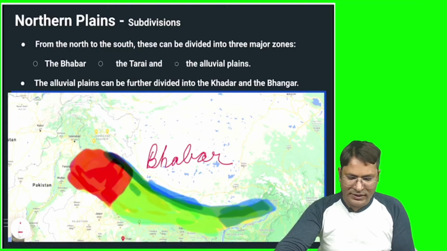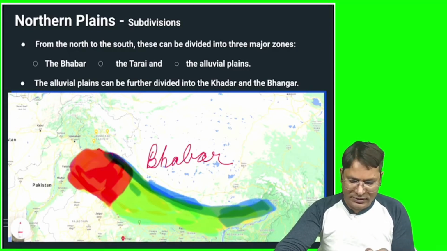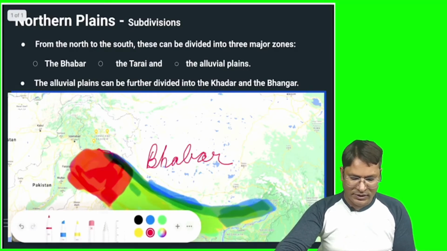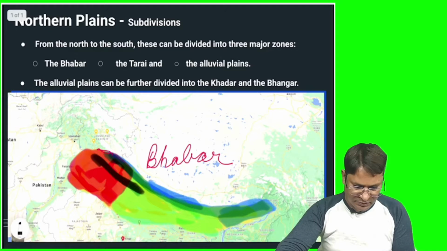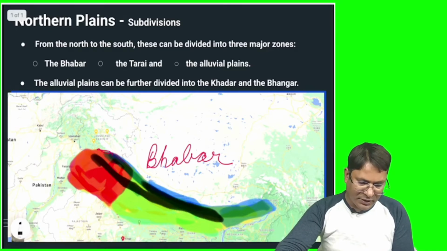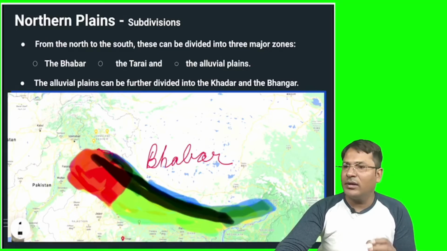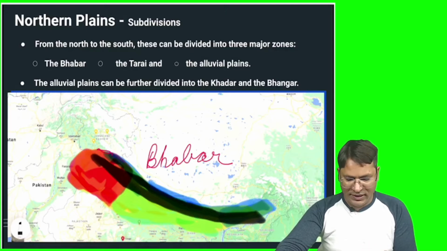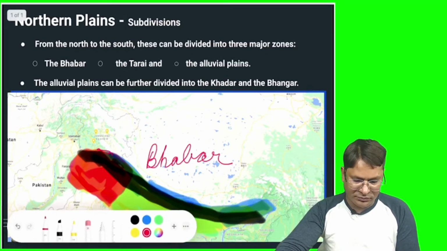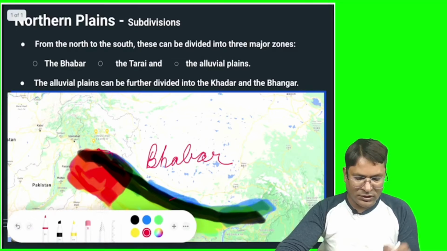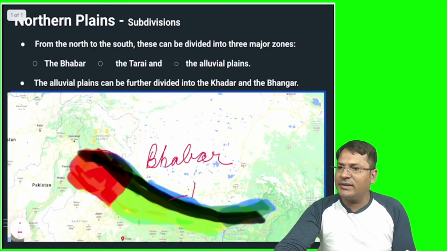And after the Bhabar ends, the next area that comes, after Bhabar, is known as the Tarai area.